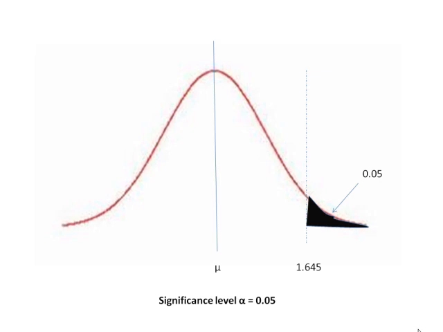All 5% are in the right tail, which is telling me, well, my assumption is that the mean is mu, and if I can get a sample that's more than 1.645 standard deviations away from the mean, that would give me reason to believe that my assumption of mu is not a good one.